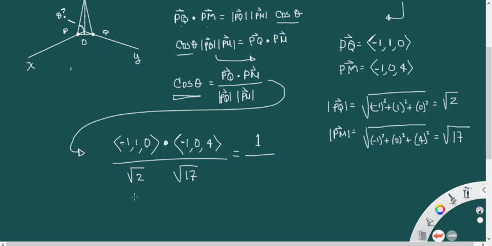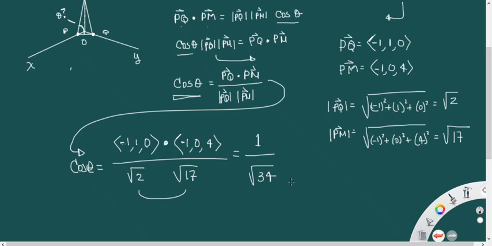And applying the rules for the radicals, we can say that the denominator is equal to the square root of 34. So the cosine of theta for the angle equals 1 divided by the square root of 34.